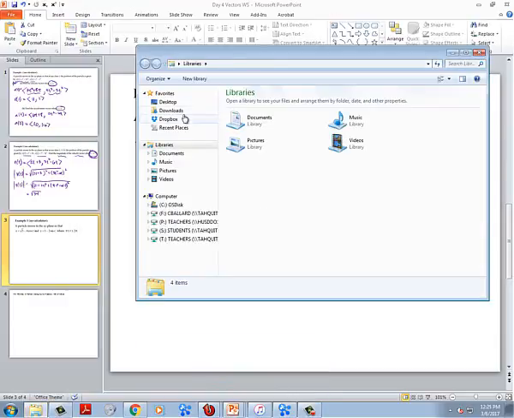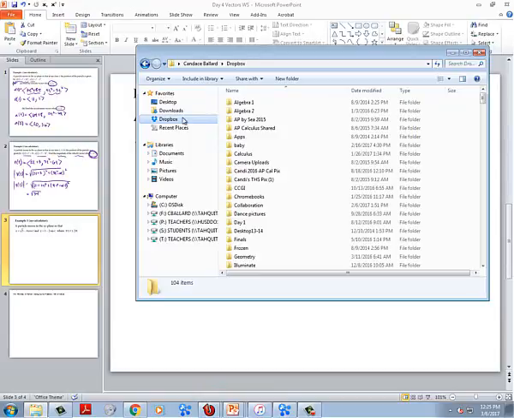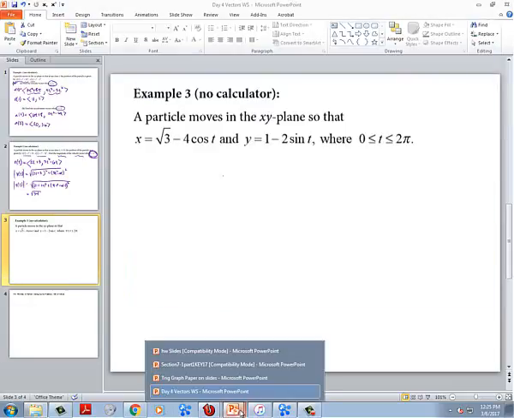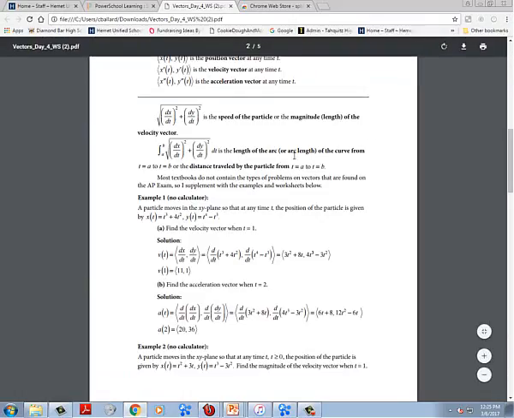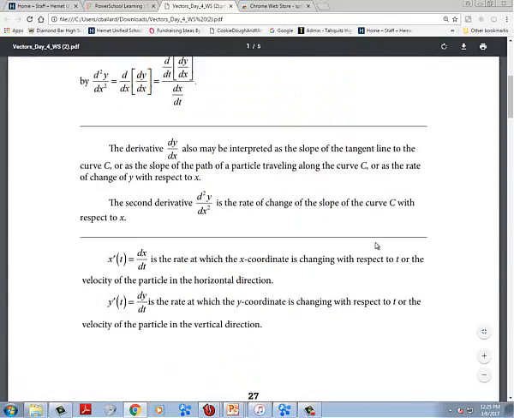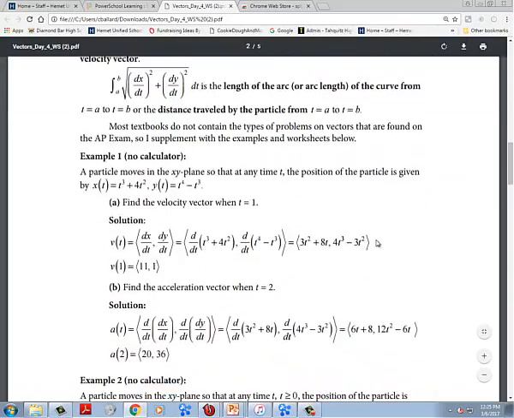Alright. Hold on. Let me go to... Not there. Let's do this. And then I do that. It only goes so long. Part of the problem's missing, so I don't want part of the problem to be missing.